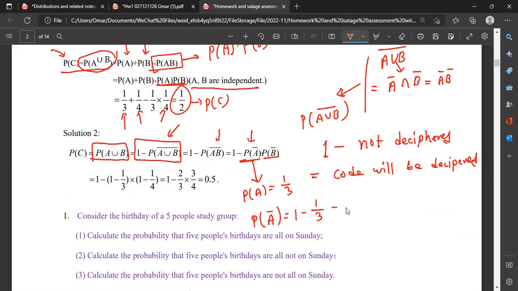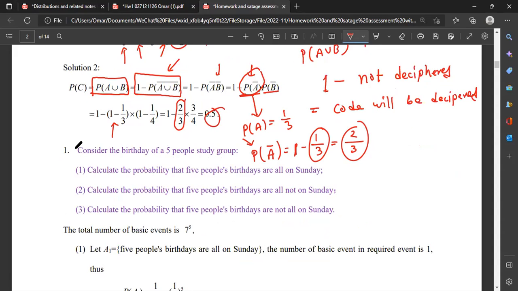So the answer for P of A bar will be 2 by 3. So we write here 2 by 3, because P of A bar is 1 minus P of A. So this is the final solution, 0.5.